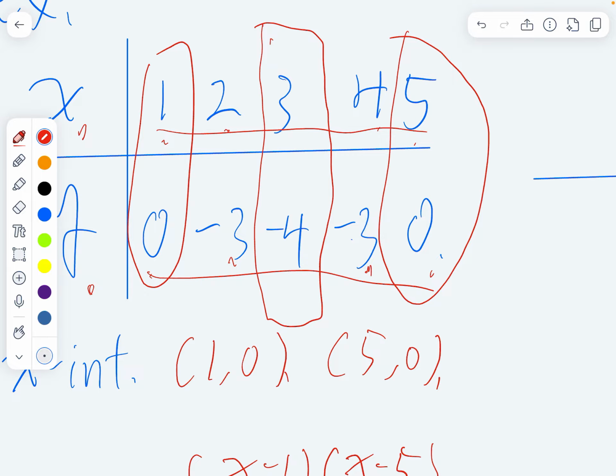The other one is also the same. So we can conclude that (3, 0) is one of the x-intercepts. Also it is the vertex point.